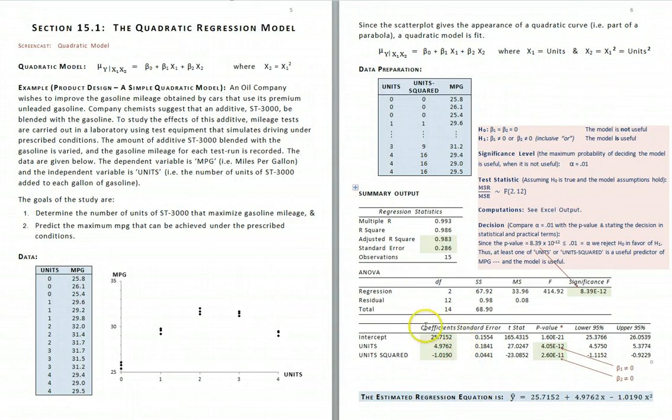When the coefficients in the coefficient table are used, we can write the estimated regression equation as y hat equals the intercept plus the slope of units plus, well, actually minus the slope of units squared.